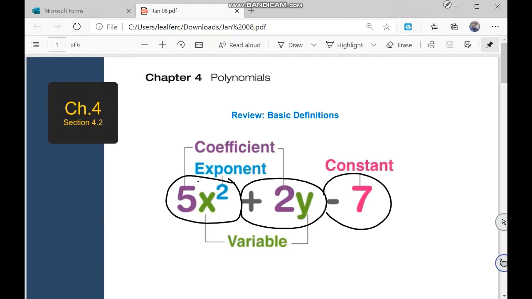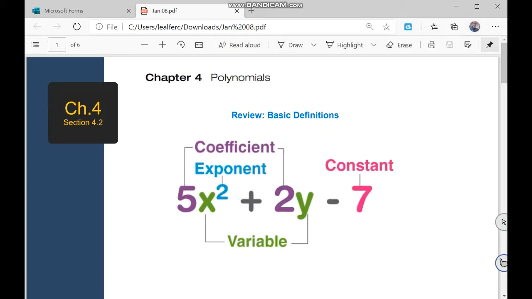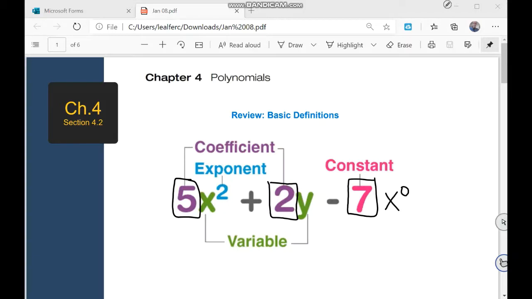The coefficient here is 5. The coefficient here is 2. And we can say that the coefficient here is 7 because we can add a variable, for instance, x exponent 0, which equals 1.